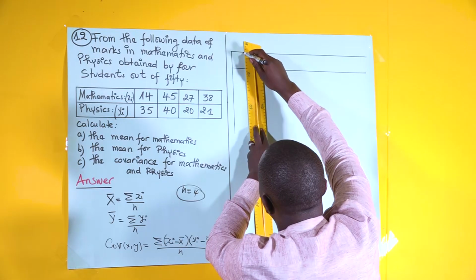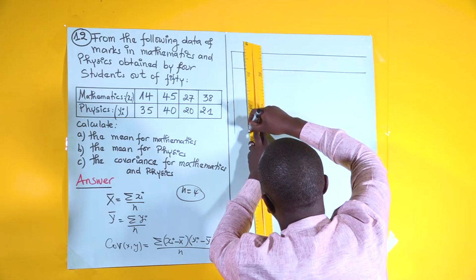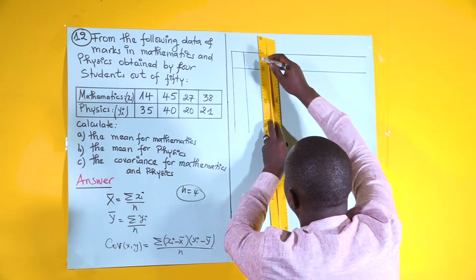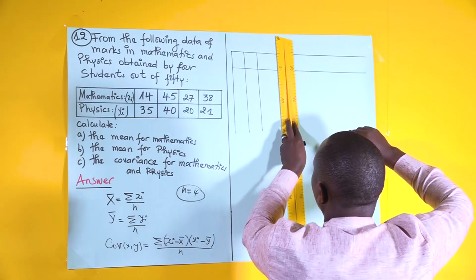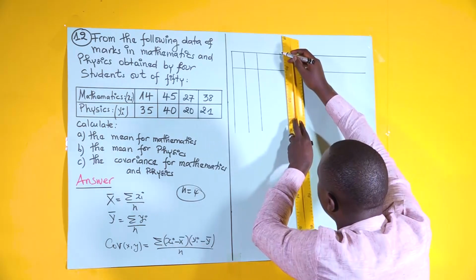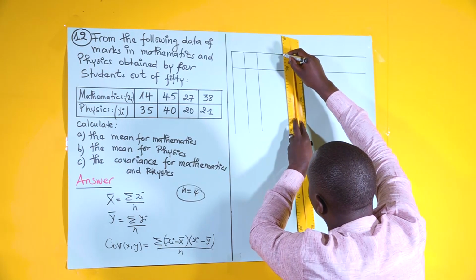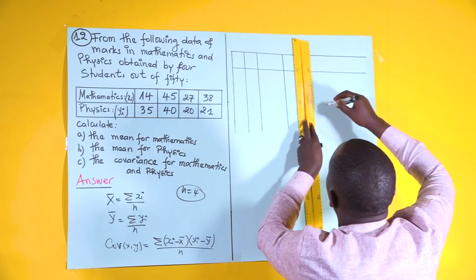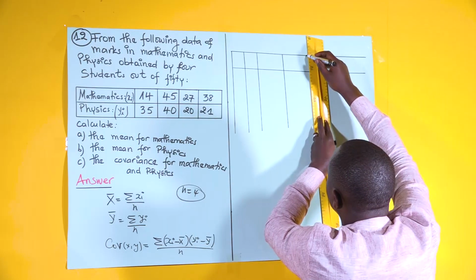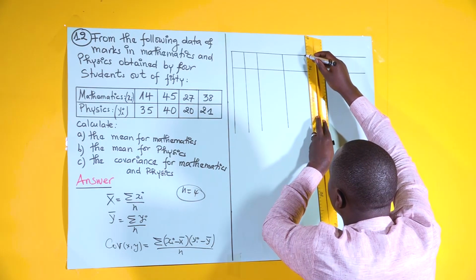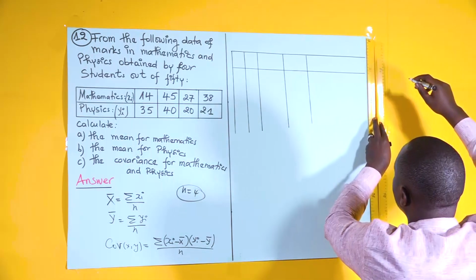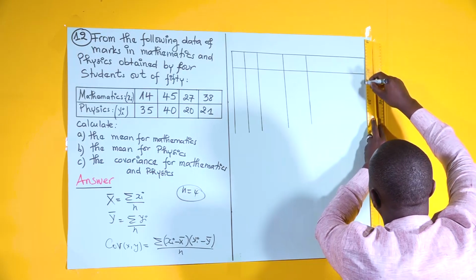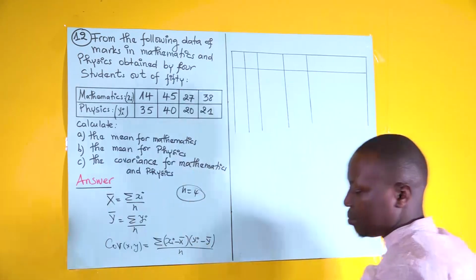For x here, xi here, yi is here, and here it is x minus x mean. Also here it is y minus y mean, and the last one will be the product of them.